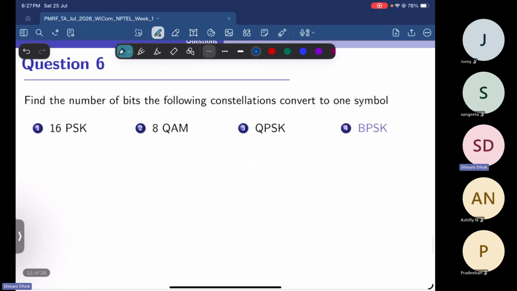And finally BPSK, the very primitive, very basic constellation, is binary phase shift keying.